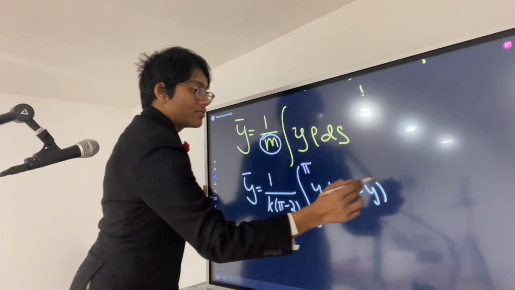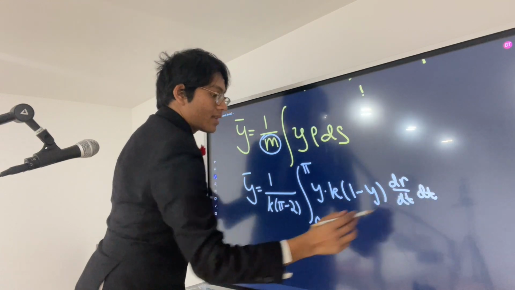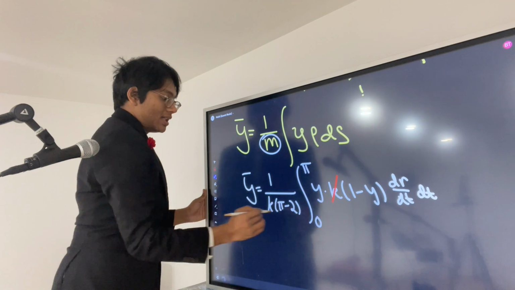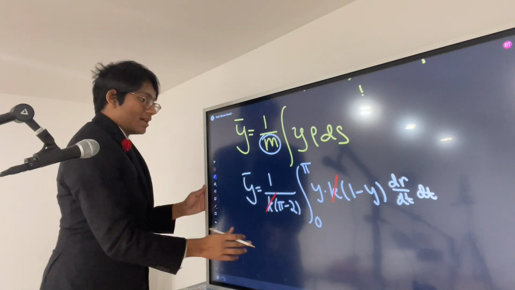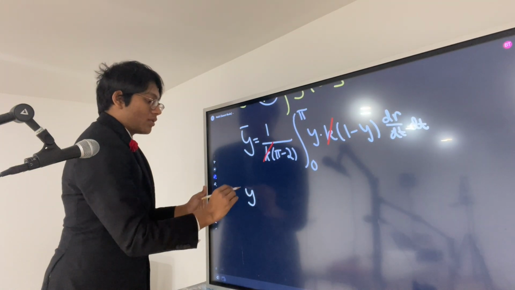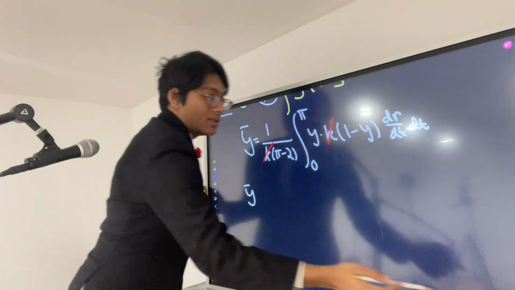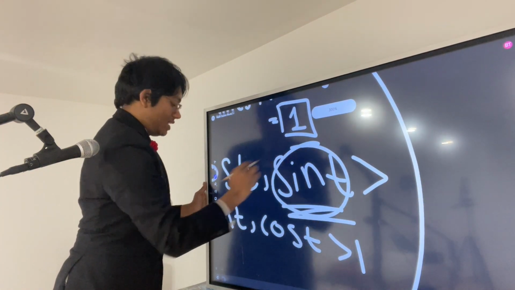Just for clarity, I'm going to rewrite ds as dr dt times dt. Okay, now if you're a keen observer, you'll note that these k's cancel out, right? These k's cancel out. So we're going to have, for our integral, replacing the y variable here with the y component of the parametrization of my curve, which is sine of t.